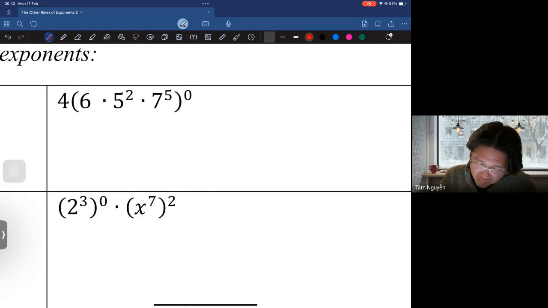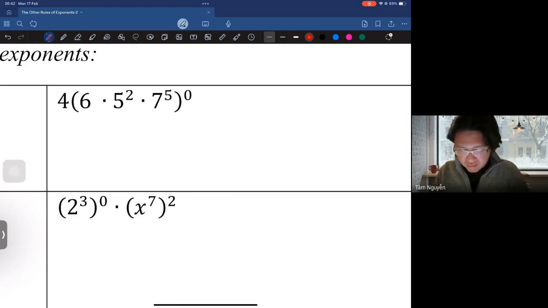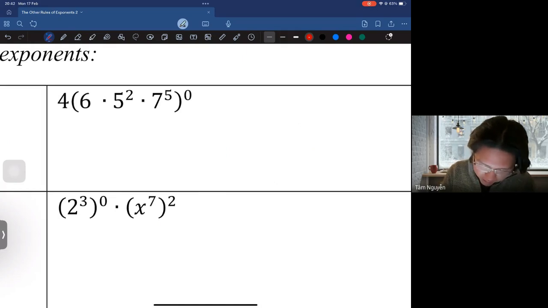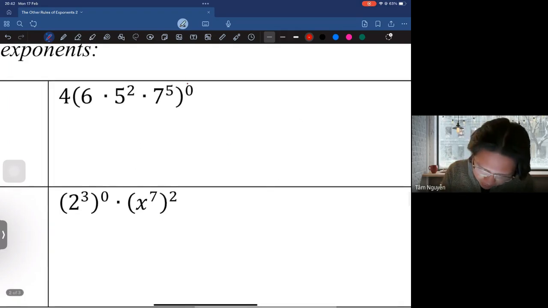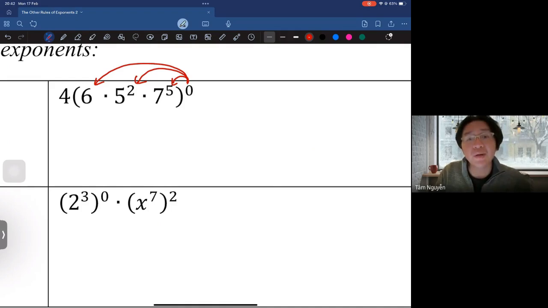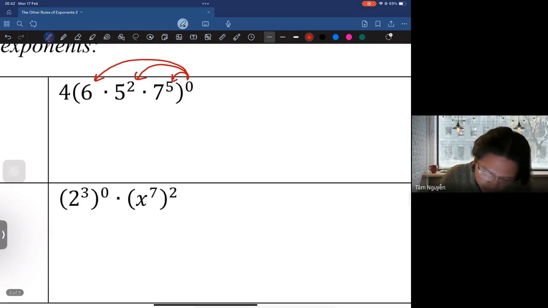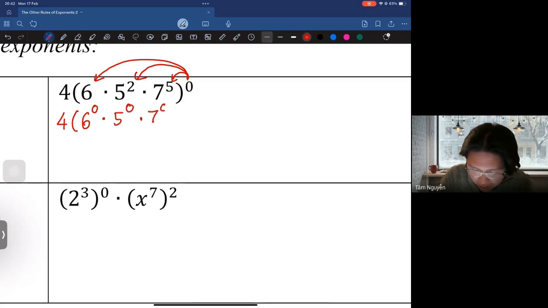You know what? I'm going to go through this one quickly. Okay, so now you have the 4 outside, right? First of all, temporarily I'm going to ignore the 4. The first thing I'm going to do is distribute the power 0 inside. So what do I have? 6 to the power of 0 times 5 to the power of 0 times 7 to the power of 0.